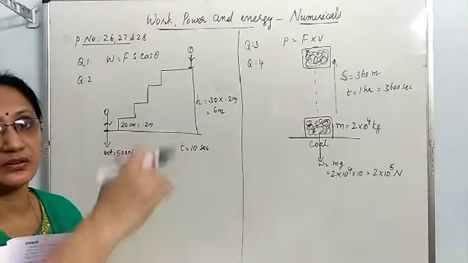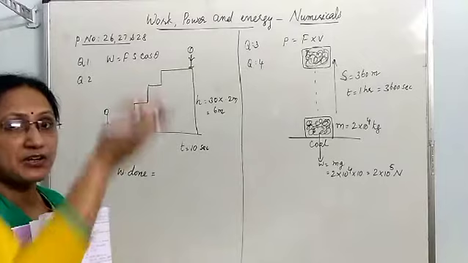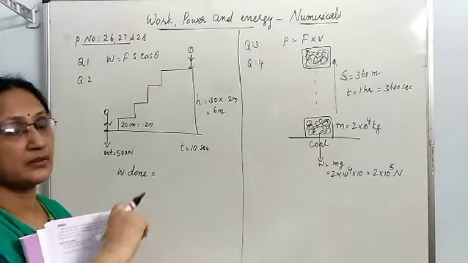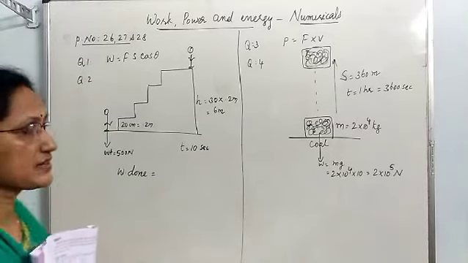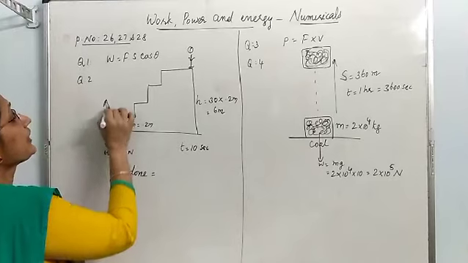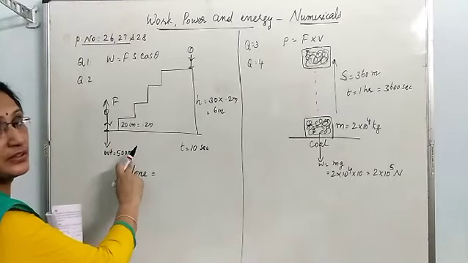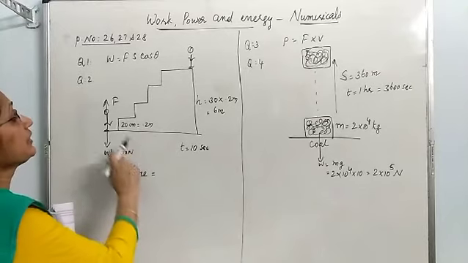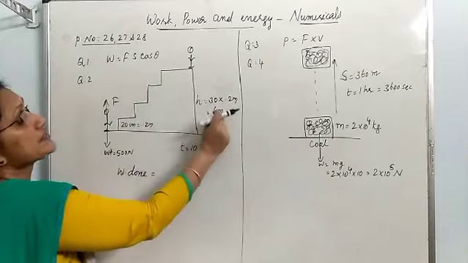While stepping on each step, we have to lift our body weight vertically upward. That is the work we are doing while climbing the stairs. So this man has to apply the force in upward direction. That force is equal to his body weight, that is 500 Newton, and in the direction of the force, the displacement happened is 6 meter.